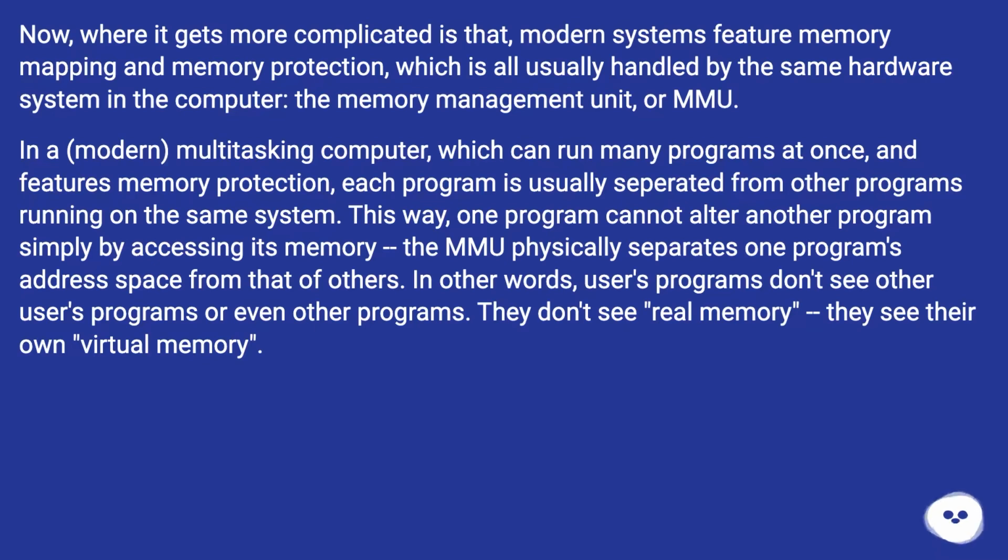This way, one program cannot alter another program simply by accessing its memory. The MMU physically separates one program's address space from that of others. In other words, users' programs don't see other users' programs or even other programs. They don't see real memory, they see their own virtual memory.